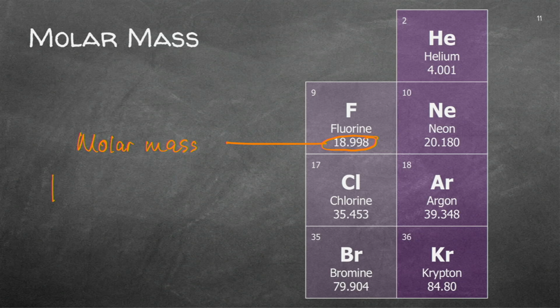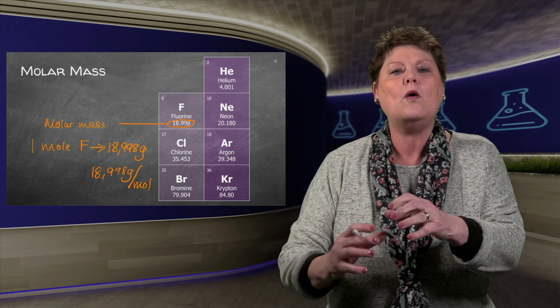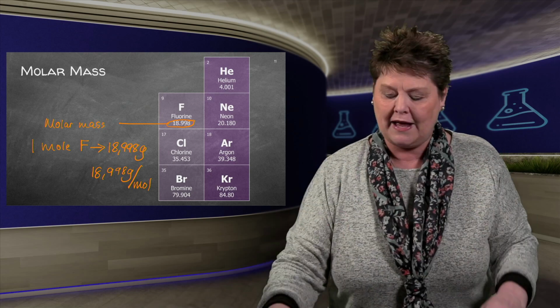So, 1 mole of fluorine will have a mass of 18.998 gram. And as I said just now, it's 18.998 gram for every mole that I have. So, important that you distinguish, am I working with one atom or am I working with a mole of atoms?